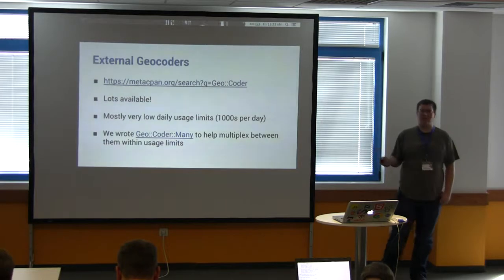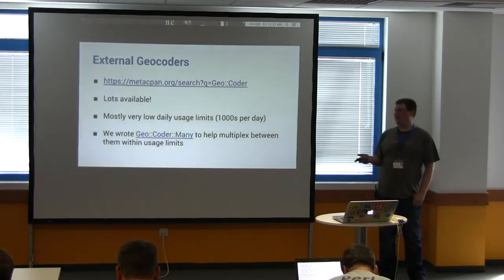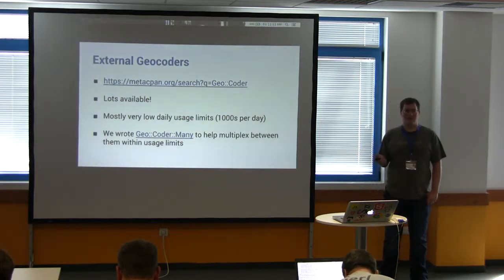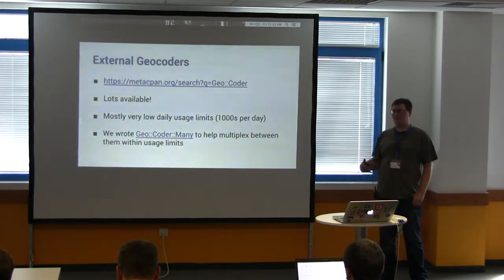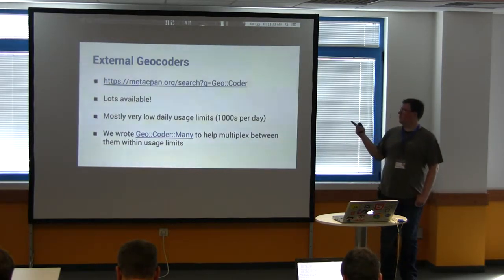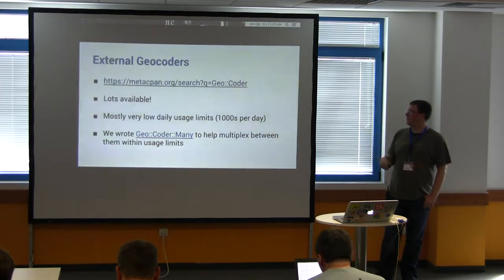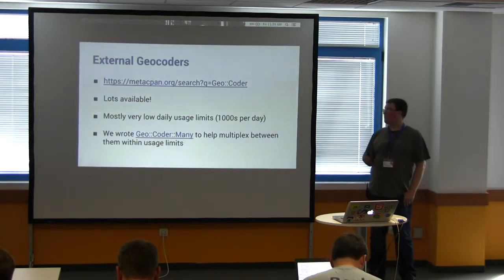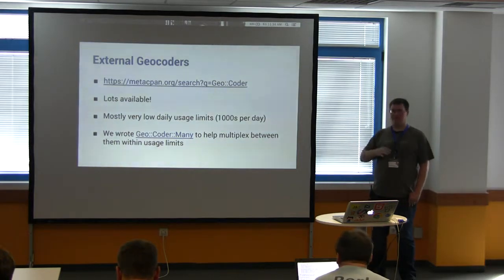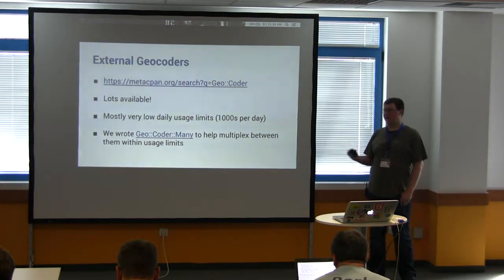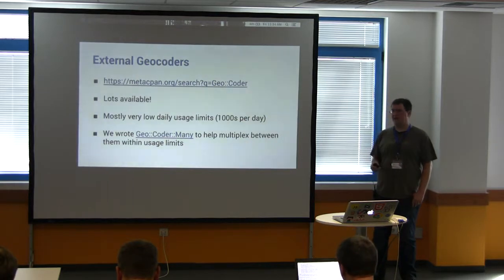So as an aside, we also rely on some external geocoders. I mentioned that some of them have very low usage limits. There's lots of them available, though. If you look on CPAN for Geocoder, you'll actually find lots and lots of modules designed for talking to remote, public geocoder APIs.